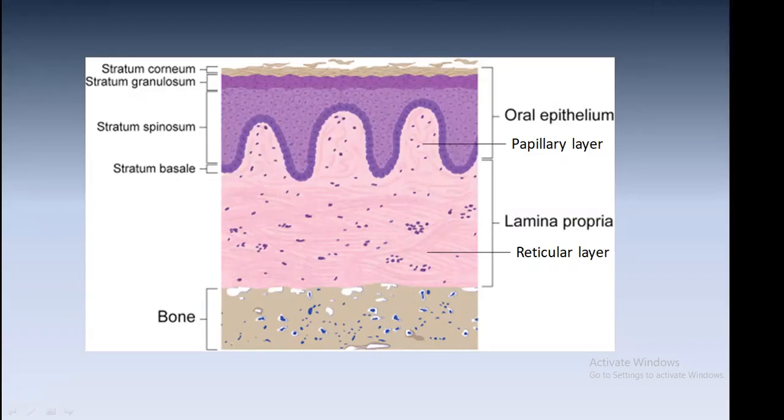The part of the connective tissue which is between the epithelial rete ridges is called the papillary layer, and below the papillary layer of the connective tissue is the reticular layer. The papillary and the reticular layer together constitute the lamina propria or the connective tissue.